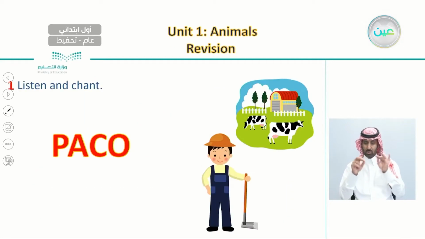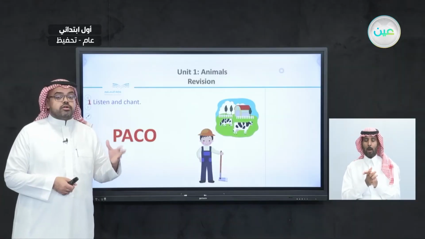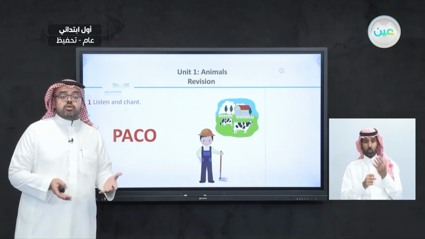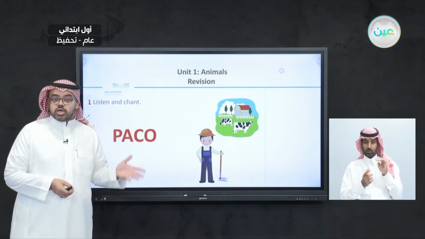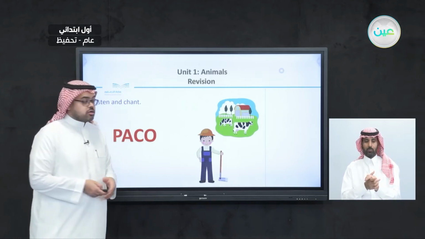The first thing we did with this lesson is that we listened to a chant that is called Paco. After we listened to this chant, we practiced it together, and also we learned some new words. So let's, me and you, try to remind ourselves of this chant and chant it together again.